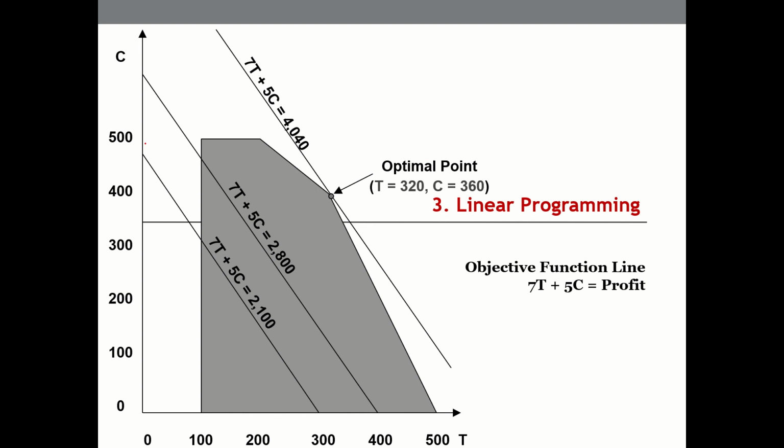Let us divide this into subdivisions also. Let's say this is the 50 line, 150 line, 250 line, 350 line, this is the 450 line, and this is the 500 line.